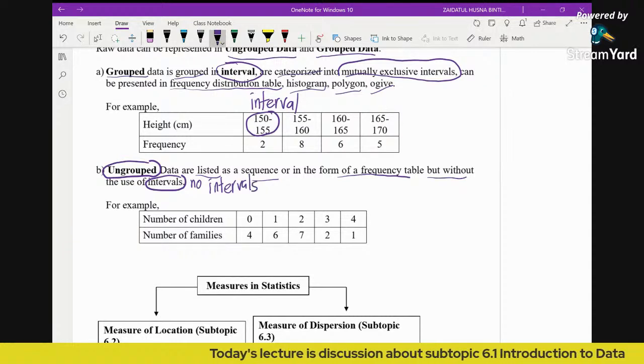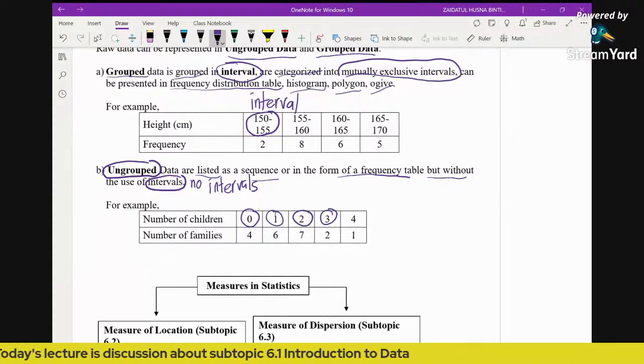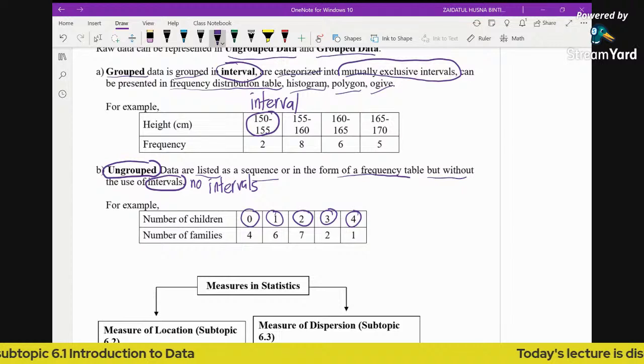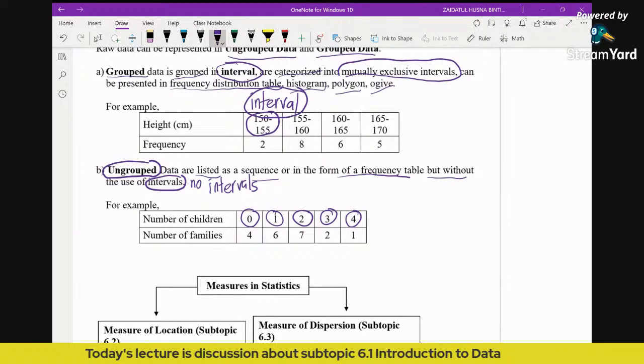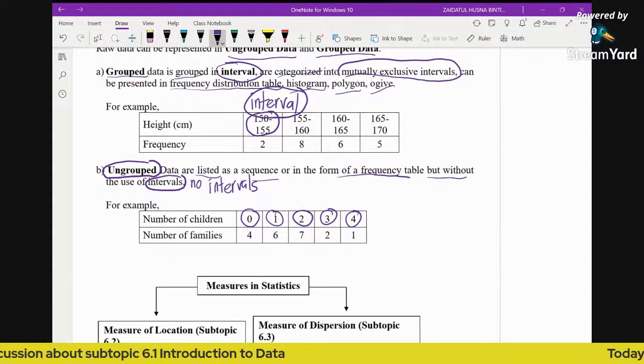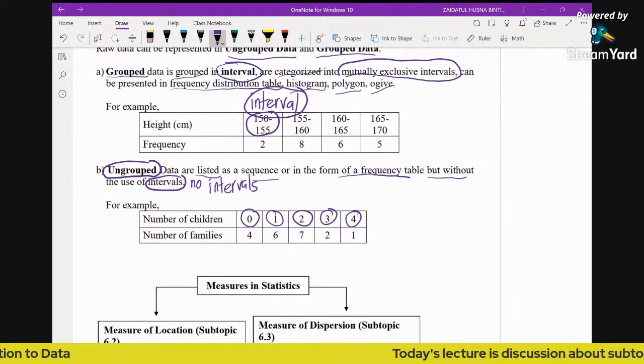In this table, number of children in one family, we just have the number, not the interval. This is what we call ungrouped data. So the difference between grouped and ungrouped is just the interval. If you do have intervals, you can call the data grouped data, while if you don't have any, then you can call the data ungrouped data.